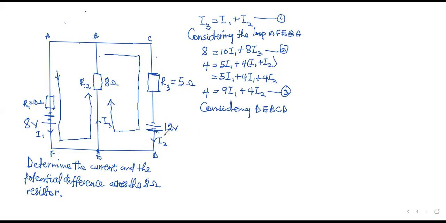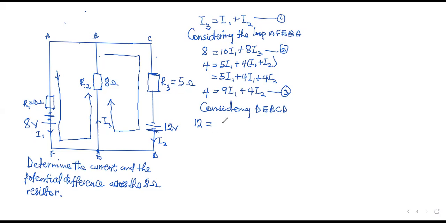Look at this source of EMF. Will this be positive or negative? Positive, because the direction of the loop is from the positive and enters the negative. So plus 12 is equal to the PD across R3.